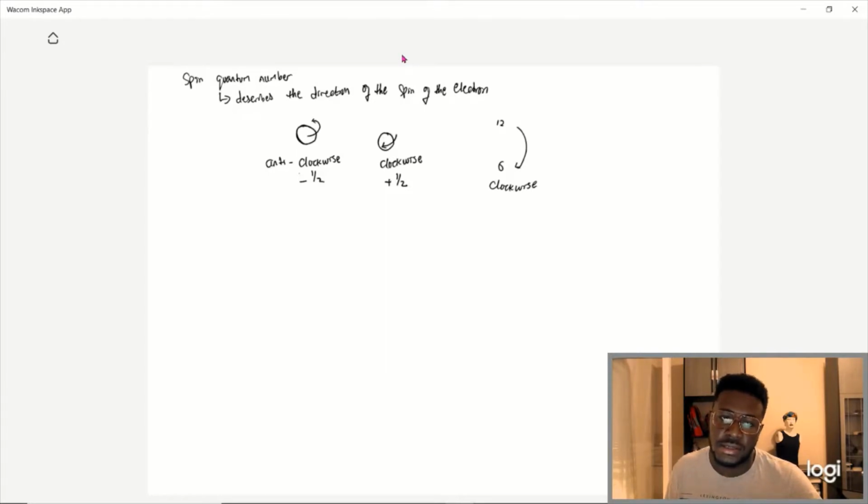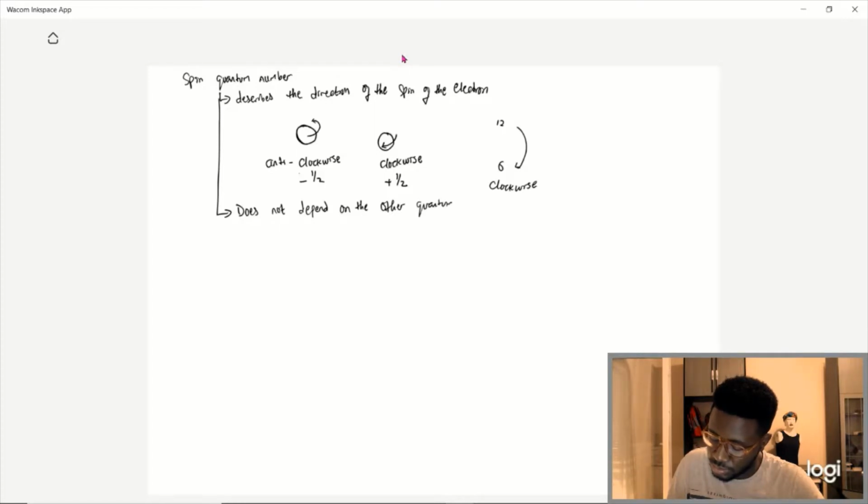Your spin quantum number does not depend on the other quantum numbers, and it does not describe the orbital.